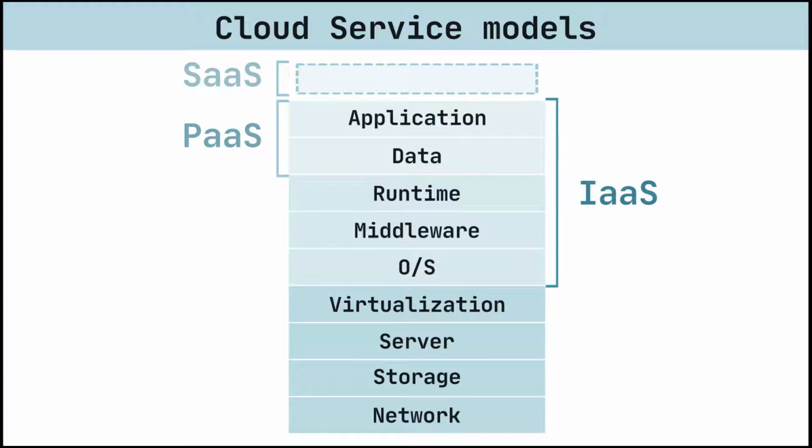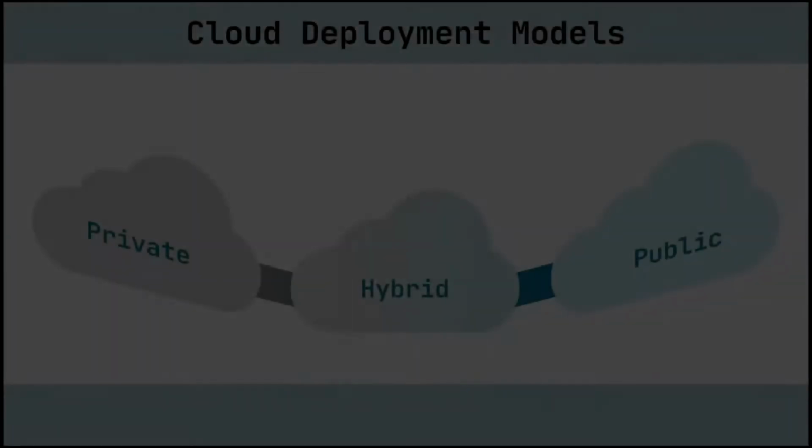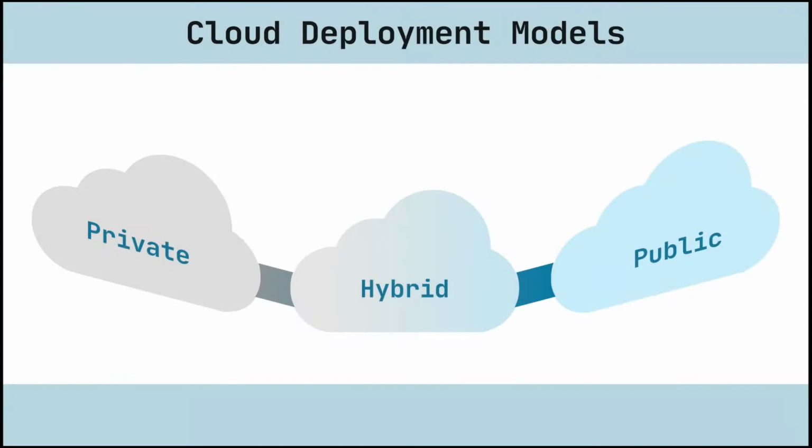Furthermore, there are a number of deployment models for cloud computing that need to be discussed: public cloud, private cloud, and hybrid cloud. Each deployment model has different aspects that you should consider as you migrate to the cloud. In a public cloud, services are offered over the public internet and available to anyone who wants to purchase them. Cloud resources like servers and storage are owned and operated by a third-party cloud service provider and delivered over the internet.